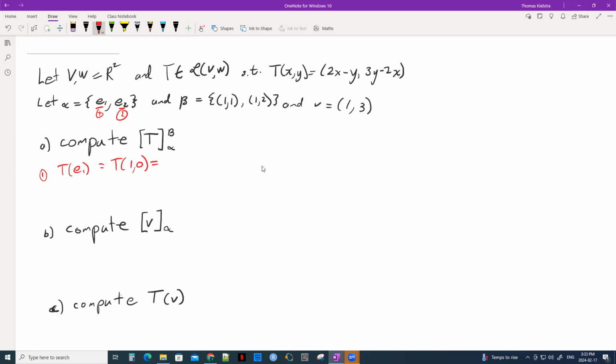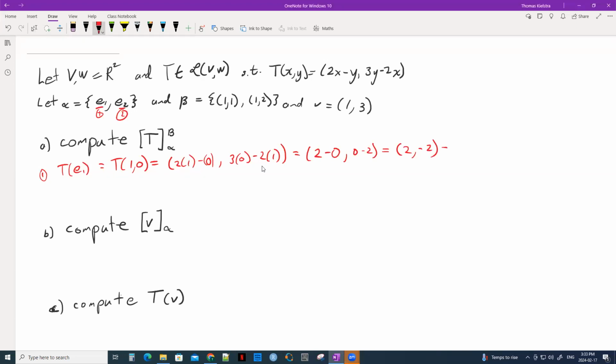And this gives me (2 times 1 minus 0, 3 times 0 minus 2 times 1), which is going to be (2 minus 0, 0 minus 2), which equals (2, -2).